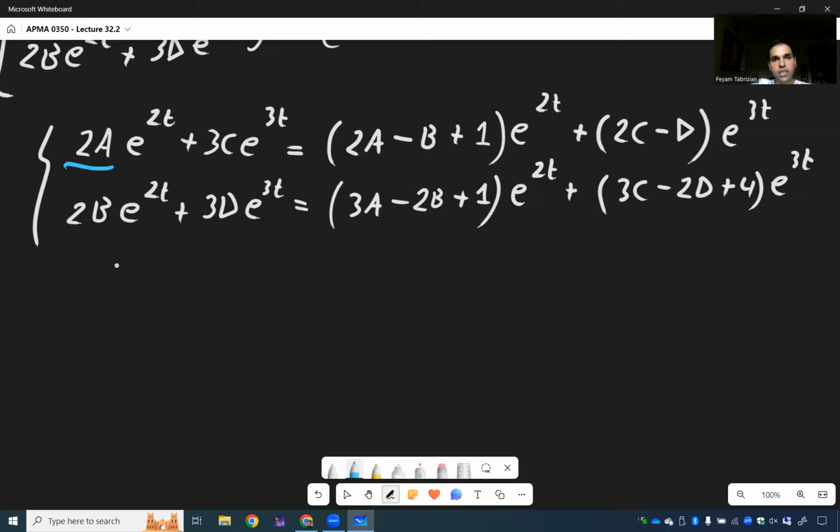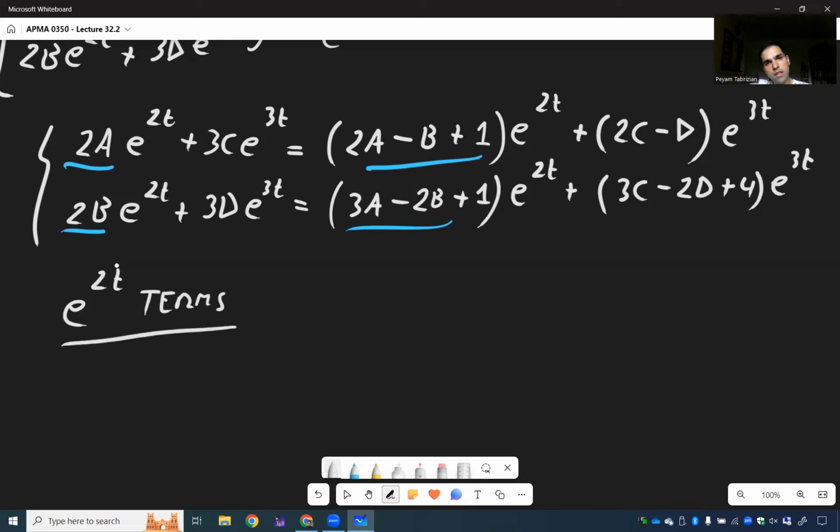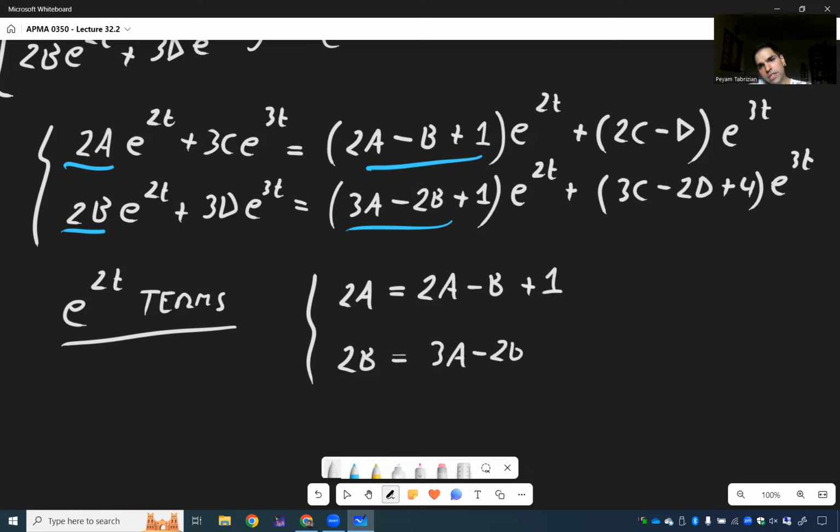So if you look at the e to the 2t terms, turns out you get a system of two equations. So in this case, 2a equals 2a minus b plus 1, and 2b equals 3a minus 2b plus 1, which is not the worst system.